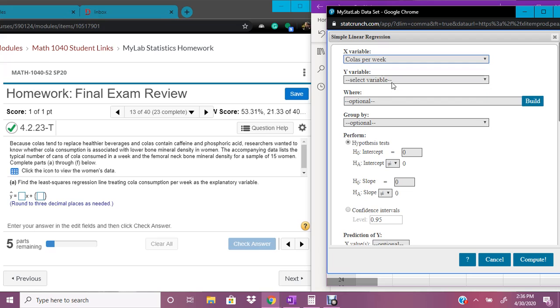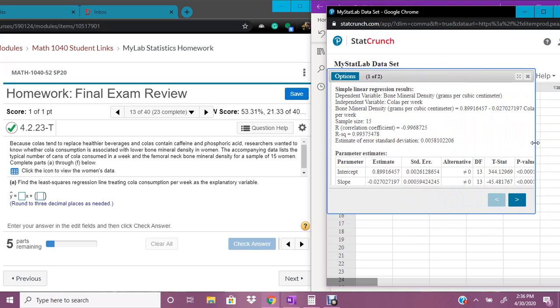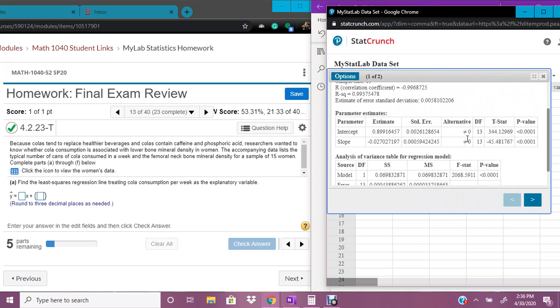In this case, we have control. We're going to measure how many colas per week affect the y. So we just need to fill in those and click compute, leave everything else the same. And this is what we want.